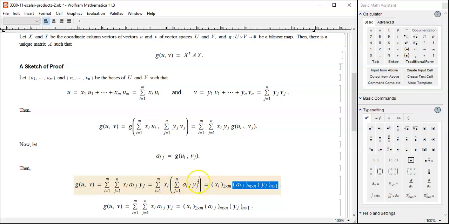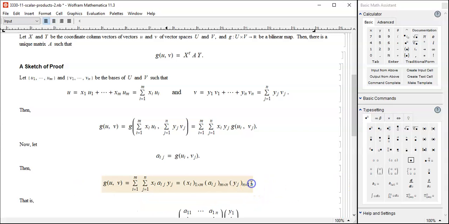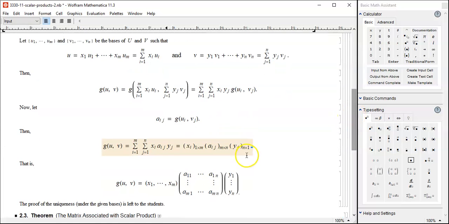And because this is matrix multiplication, this became an m-dimensional vector, an m by 1 matrix as a matter of fact. And then combine that with this summation, and that becomes another matrix multiplication, this time a row vector times a column vector. Anyway, it becomes matrix multiplication, and we rewrite using dot dot dot.